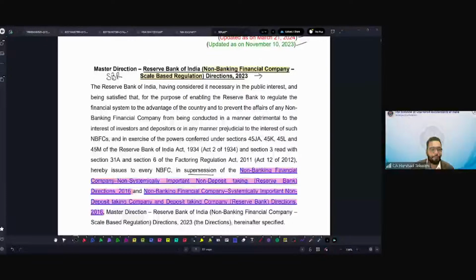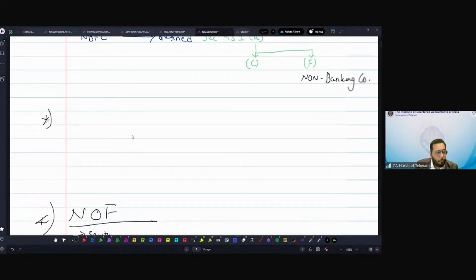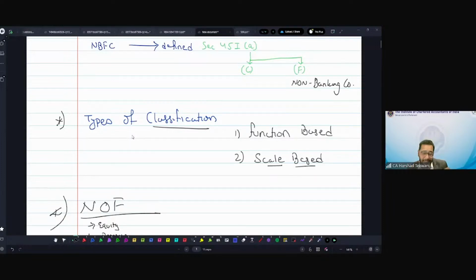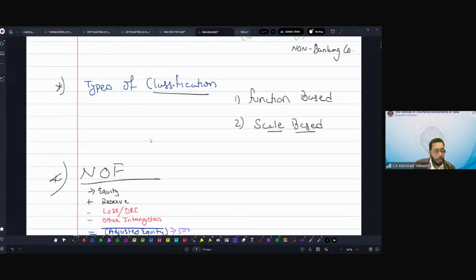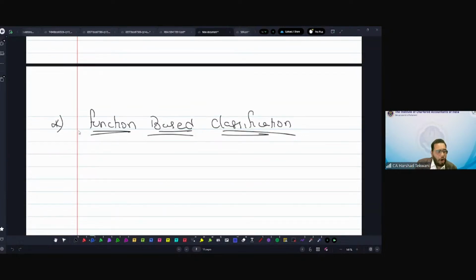critical. In this class, there are two types of classifications for NBFCs. The first type of classification is function-based, and the second type is scale-based. I will come to the scale-based regulation. Now, when I say function-based classification, I mean the activity or function they are performing.